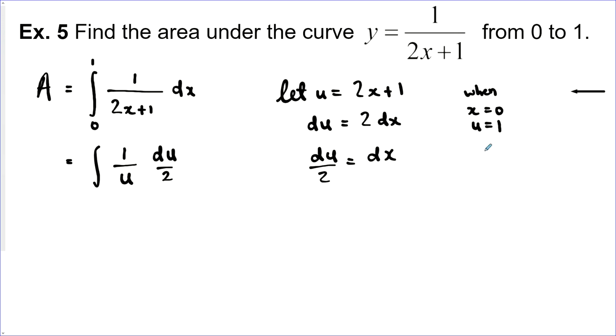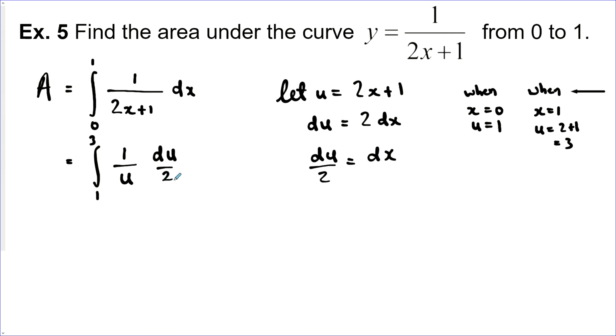And we'd also have when x equals 1, then u is equal to 2 plus 1, which would be 3. So there's our new limits of integration. We're going from 1 to 3. This time it's u equals 1 and u equals 3. Before it was x equals 0 and x equals 1.